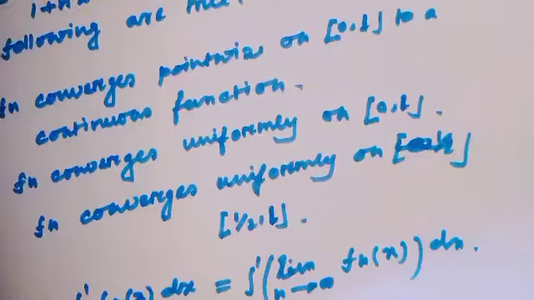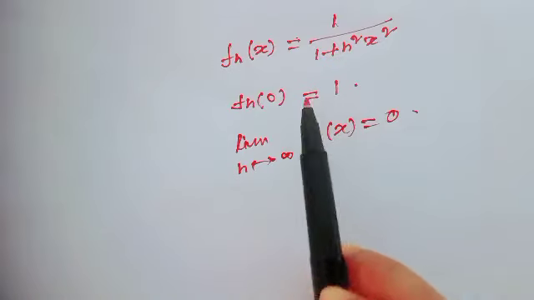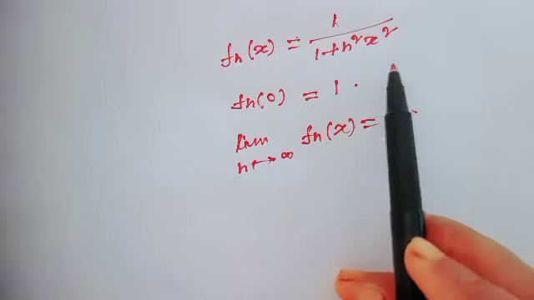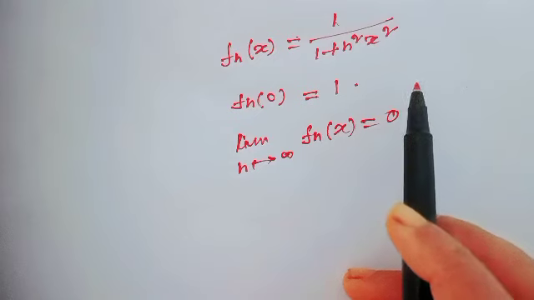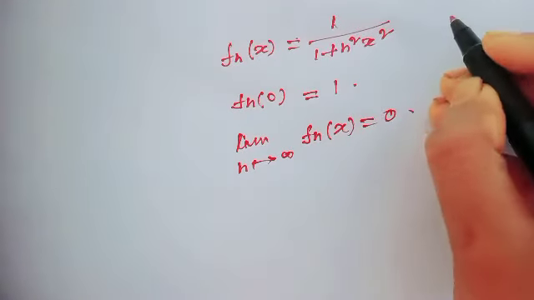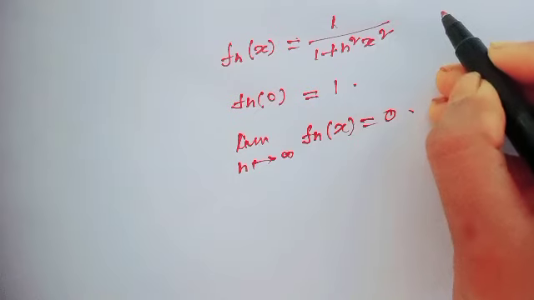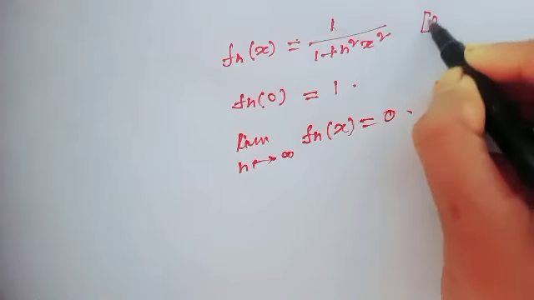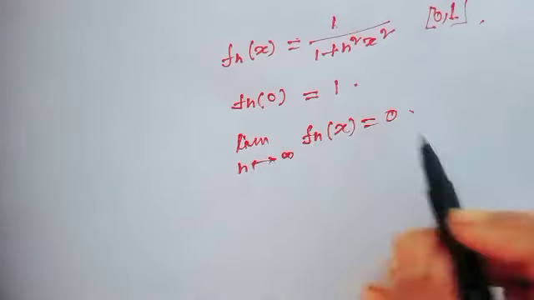At first verify the options. fn(x) equals 1 over 1 plus n square x square. The question indicates we have to find the convergence on the closed interval 0, 1.